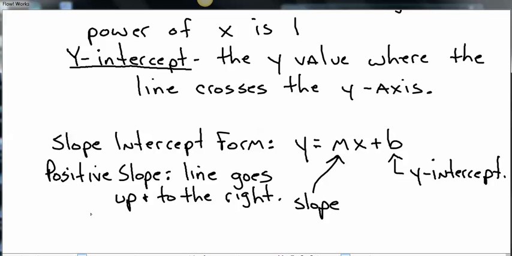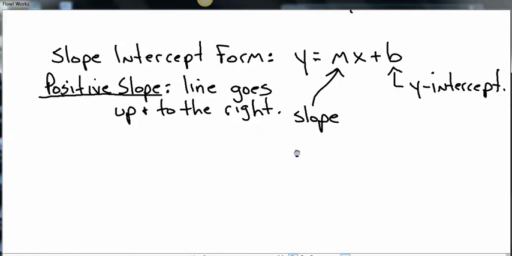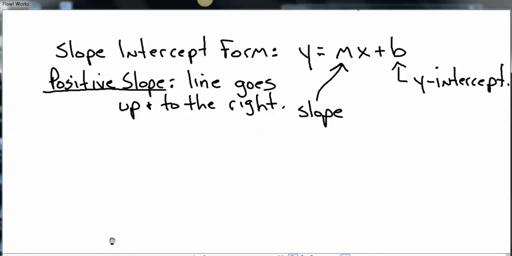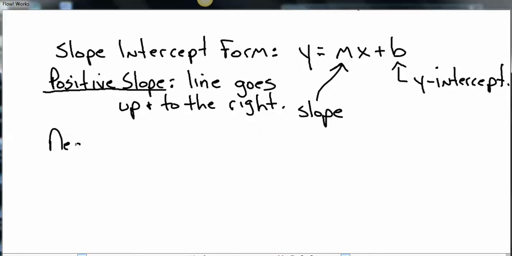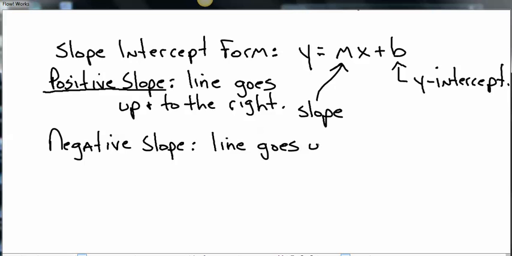Negative slope. The line goes up and to the left.